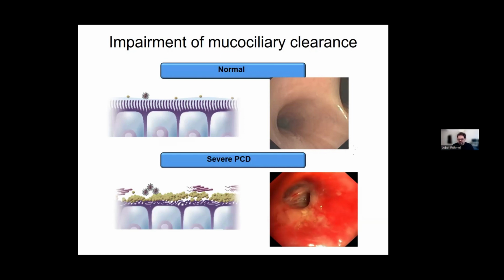This is the typical situation when a patient has an exacerbation, but there's always bacteria and always inflammation in the bronchi.